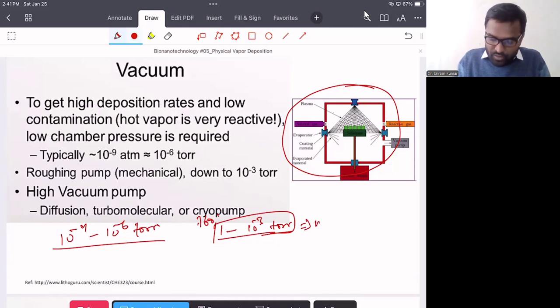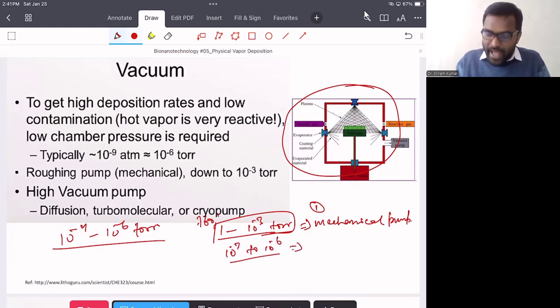Initially we will use the mechanical pump, and for the second stage, from 10 to the power minus 3 to 10 to the power minus 6 torr, we need to use a high vacuum pump. So we need to use these two kinds of pumps.